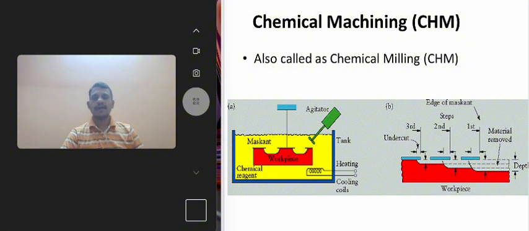In order to obtain a uniform depth of metal removal, temperature control and stirring of the chemical reagent is important. After machining, the workpiece should be washed thoroughly to prevent reaction with any chemical etching reagent residue.